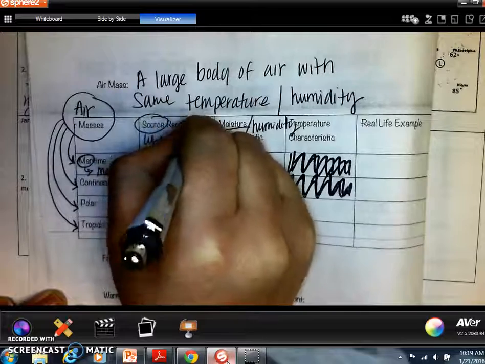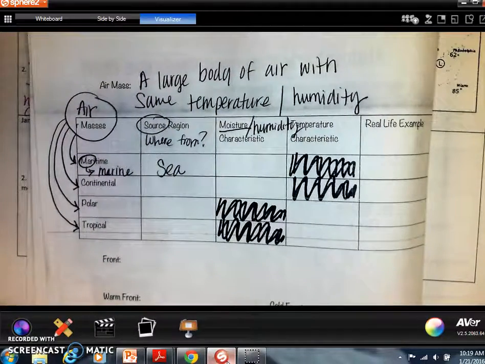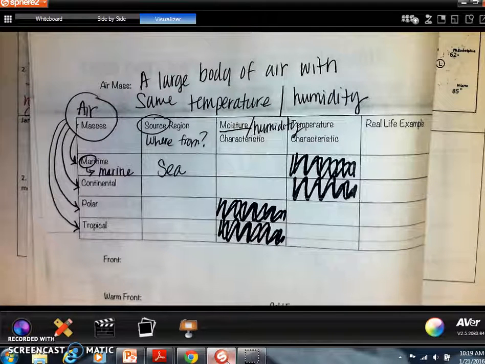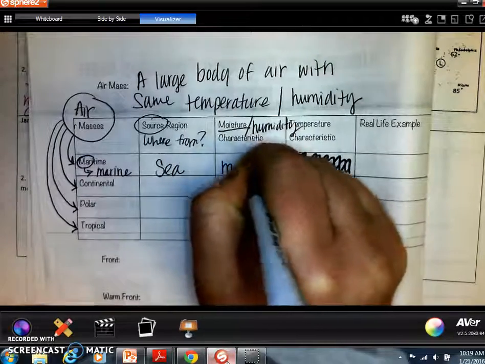Where from? Well, it's from the sea. You guys just told me. Okay, now let's think. If the air mass is from the marine or sea area, what would the moisture or humidity be like? Would it be moist or dry? Okay, excellent. So for moisture characteristic, we're going to say it's very moist.